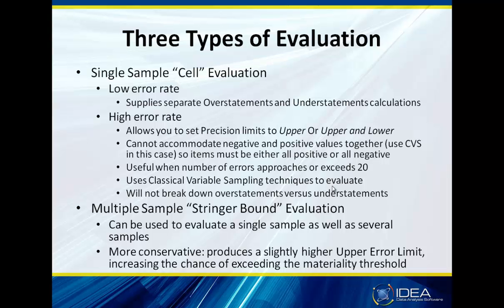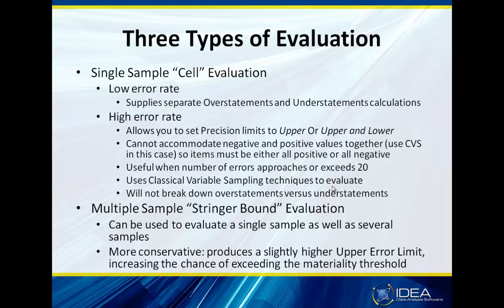I want to point out that the stringer bound evaluation, the multiple sample evaluation, can also be used to evaluate a single sample as well as multiple samples. So you could run the evaluation with cell and then run it again with the multiple sample evaluation with one sample and get slightly different results. The stringer bound evaluation is more conservative.